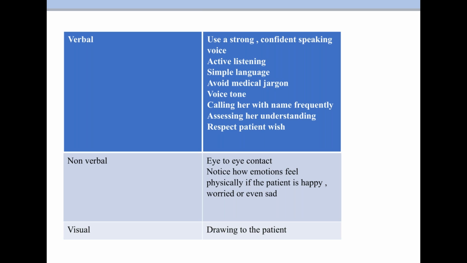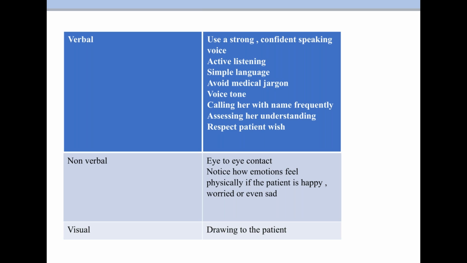What is the meaning of active listening? If you ask the patient a question, for example, can you tell me more about your periods? And then she starts to speak, and you are not oriented to her. You are not looking at her face, you're looking anywhere else or reviewing your notebook. That is not active listening.